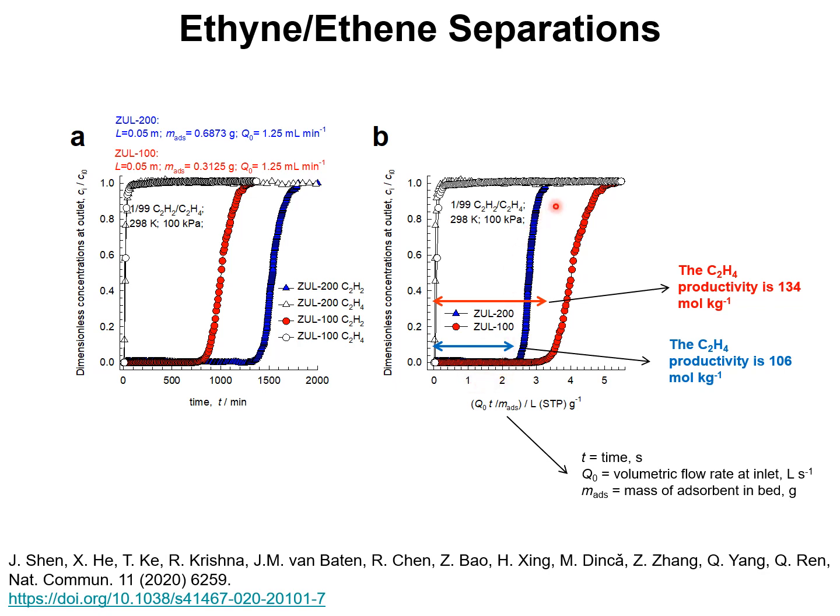The productivities of purified ethene conforming to the requirement of less than 40 ppm ethyne may be determined from numerical analysis of the breakthrough experimental data, and the productivities of purified ethene are respectively 134 moles per kilogram for ZUL-100 compared to 106 for ZUL-200.